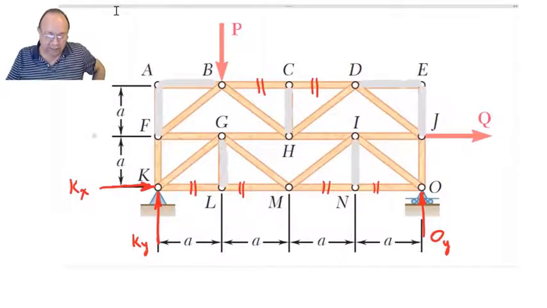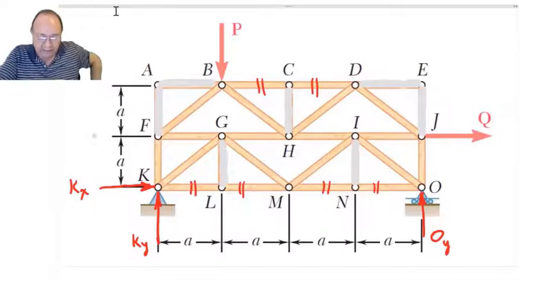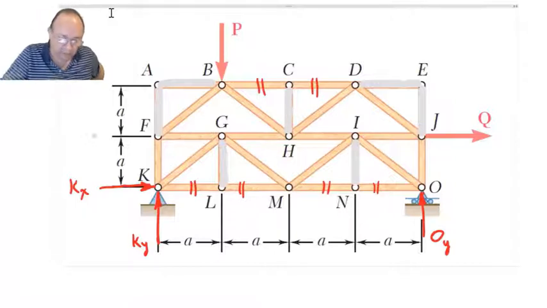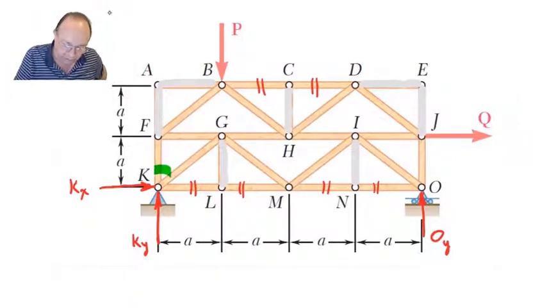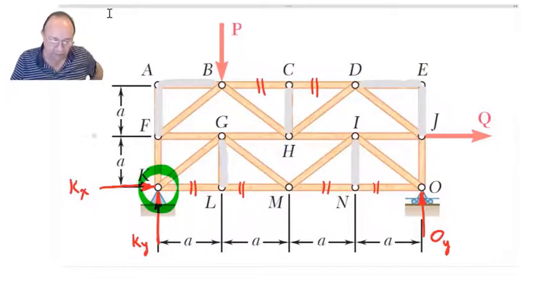Let's see what else we can say here. I guess that's it. You guys can pause the video and take a slow look to see if you can spot another joint that meets the condition of those special loading conditions. Personally I don't see anything else here. This joint has five forces, so nothing to say.